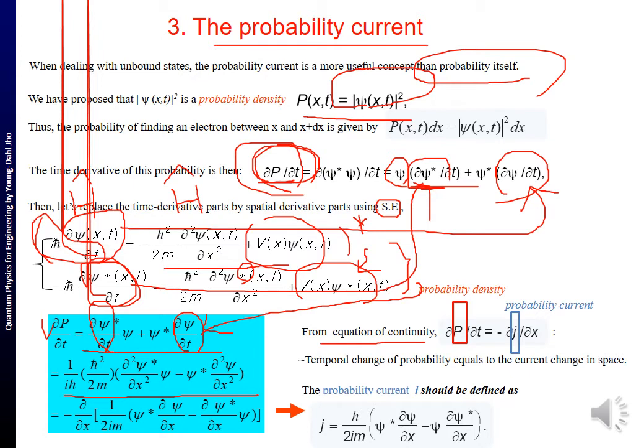There, the ∂ρ/∂t, we consider the charge density. ρ was the charge density, and J was the current from the charge. This was discussed in electromagnetism. And then it looks similar. So we know ρ. Then from this minus ∂J/∂x equation, the J part is this one. So this will become J, the probability current.